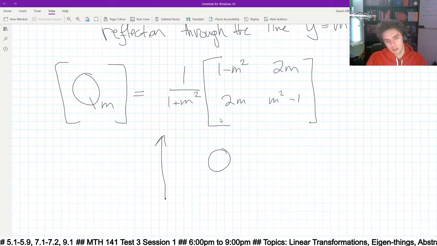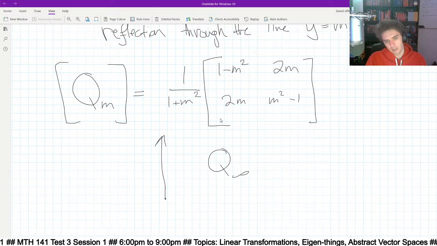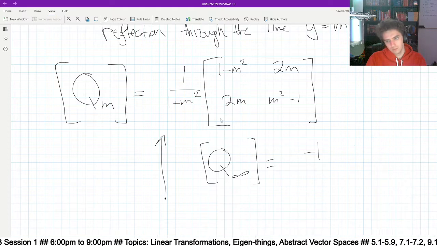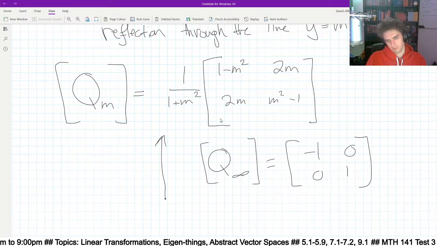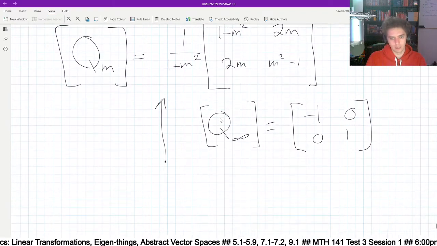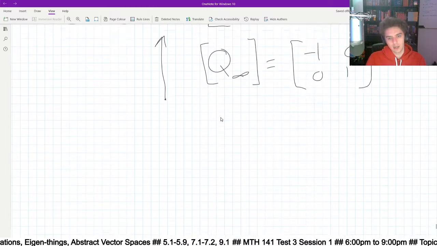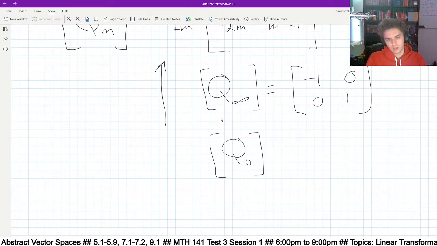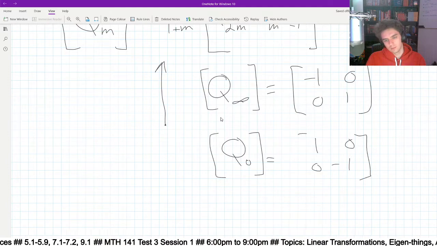You can't really plug it in, but you can just put Q infinity, which is equal to -1, 0, 0, 1. Similarly, although this one is possible to plug in, what if you wanted to reflect across the x-axis? You could just plug in 0 here, and you would get Q0 equals 1, 0, 0, negative 1.